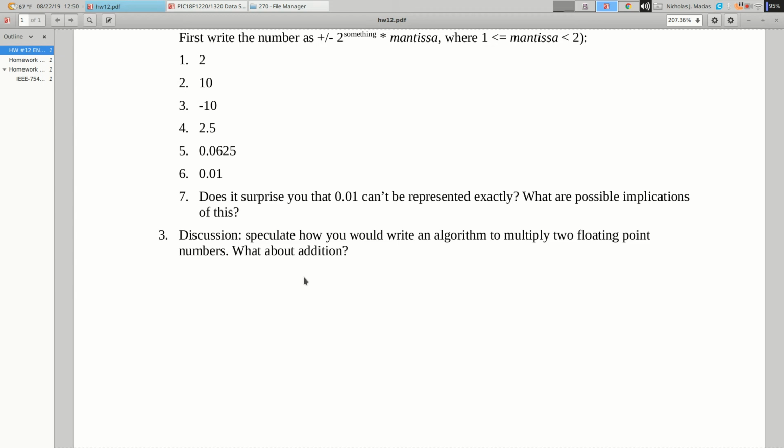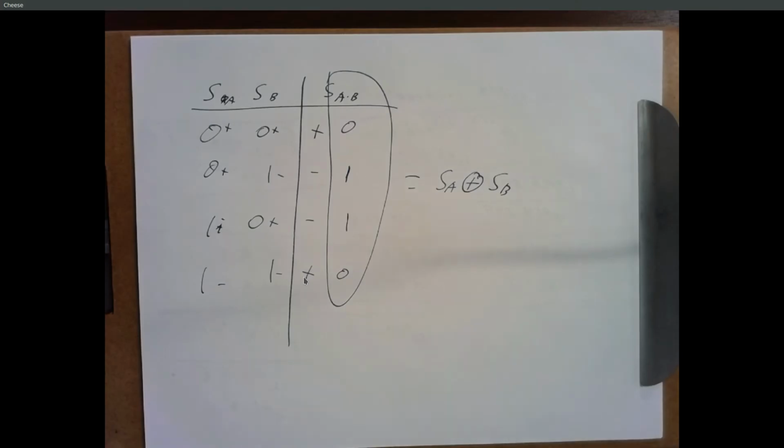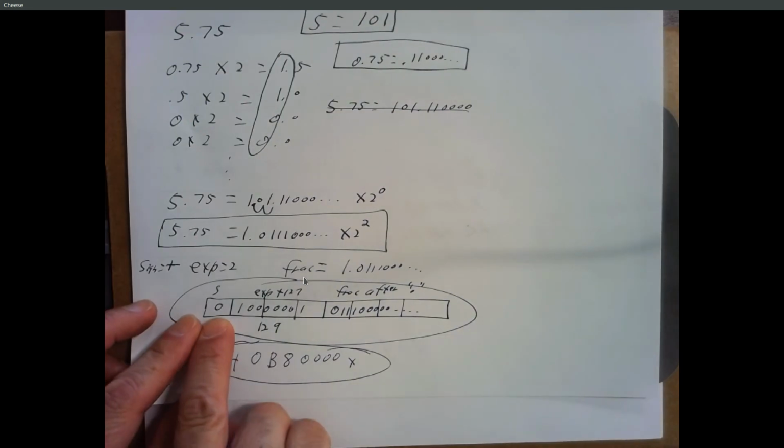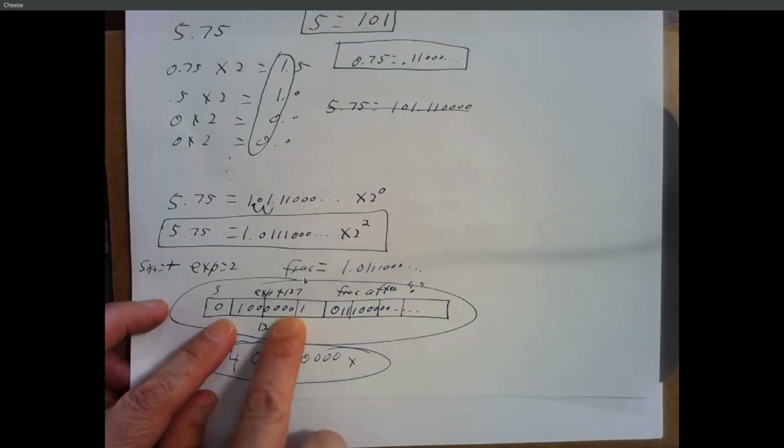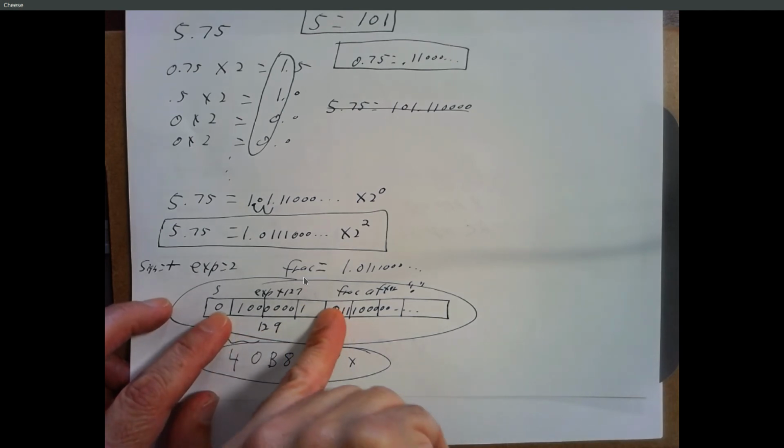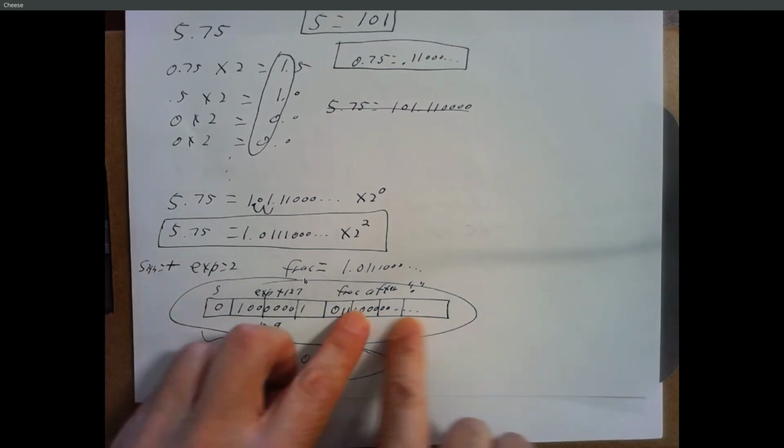All right, so any questions about floating point stuff? We've stuck with single precision. If you want to do double precision, it's really just this last step where you're taking your sign bit, your exponent, your fraction. You add 1023 instead of 127. You have 11 bits instead of 8 bits, and you have more bits in the fraction.